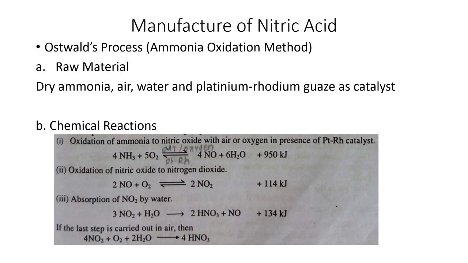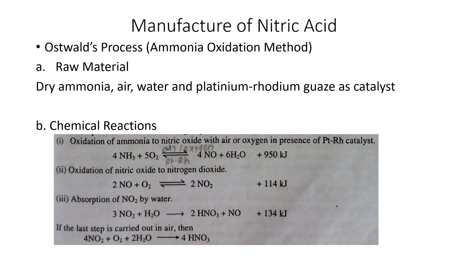The reactions involved in this process: there are three main reactions, which are mentioned here. First is oxidation of ammonia with air or oxygen in presence of platinum rhodium catalyst. This is the main reaction where this catalyst is used, that is NH3 is oxidized to nitrogen oxide, or you can say nitric oxide.